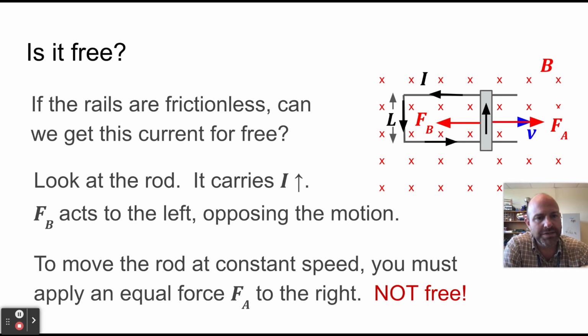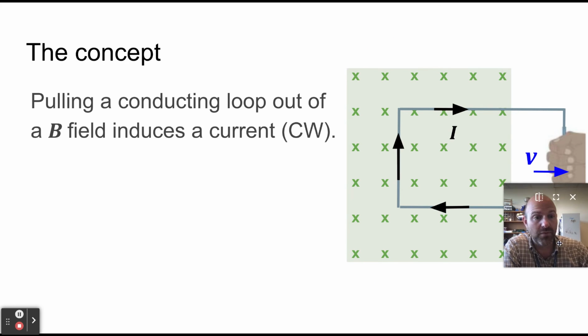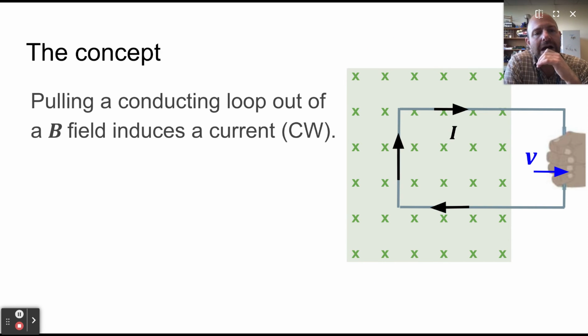Whatever that magnetic force is at the speed that we want with a particular current, we're going to have to pull with that same force to keep it moving. And if we wanted to accelerate it, we would need a bigger force. But of course, as you accelerate it, it's going to go faster, and then the magnetic force is going to grow as well. So it's not a free thing. This is not free energy.